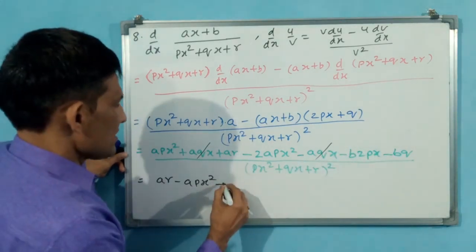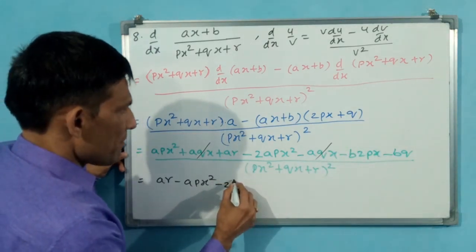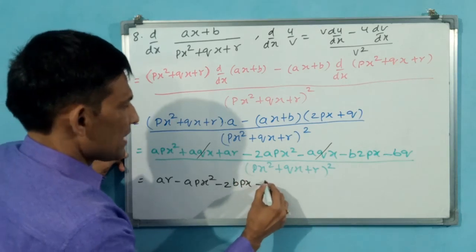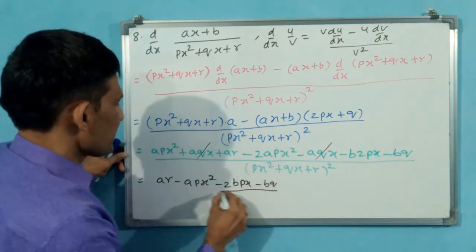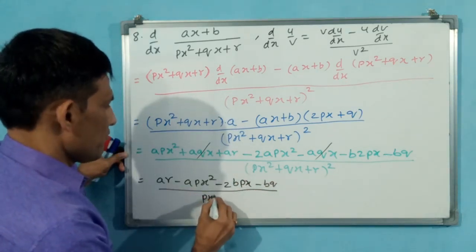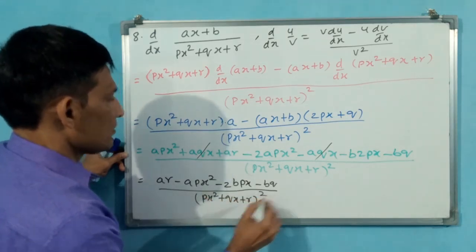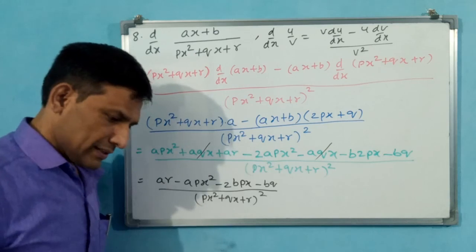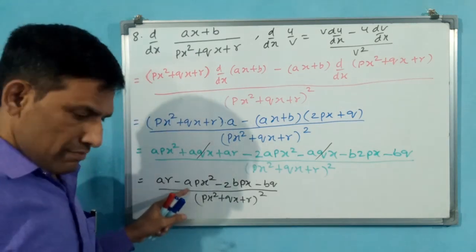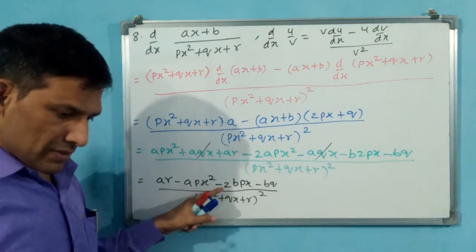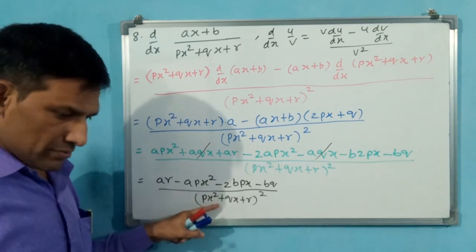Now you write minus 2bpx minus bq by px square plus qx plus r whole square. Let me see the answer: ar minus apx square minus 2pbx minus bq by px square plus qx plus r whole square.